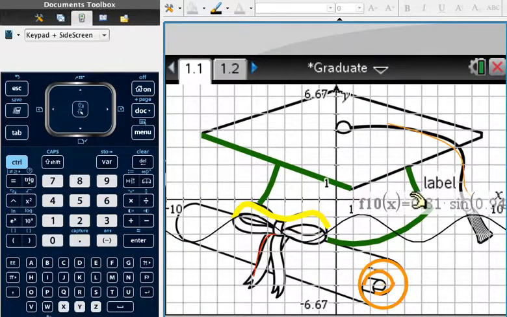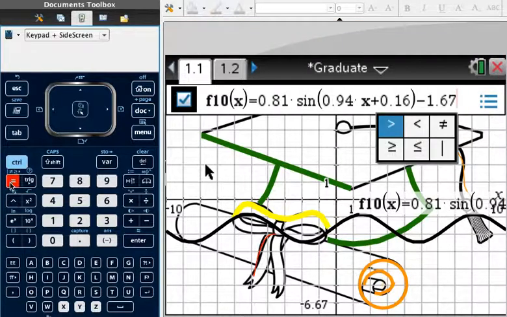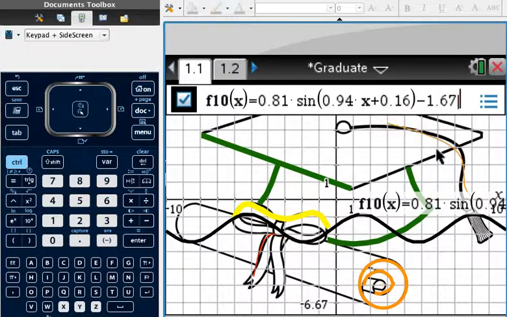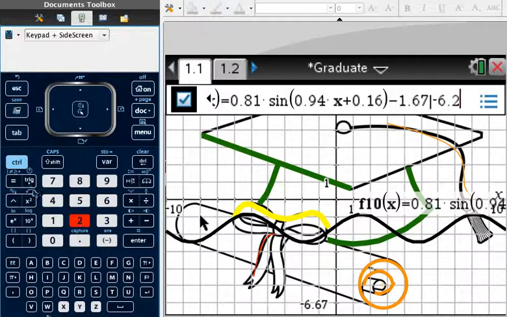These are just like any other function. You can put the limit on there, control equals, the such as line, and I want to go 1, 2, 3, 4, 5, 6, maybe a little bit past -6. So let's try -6.2.